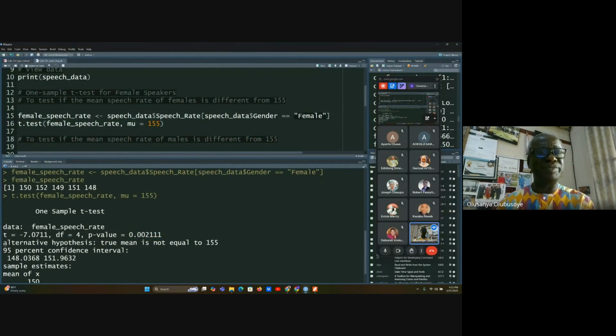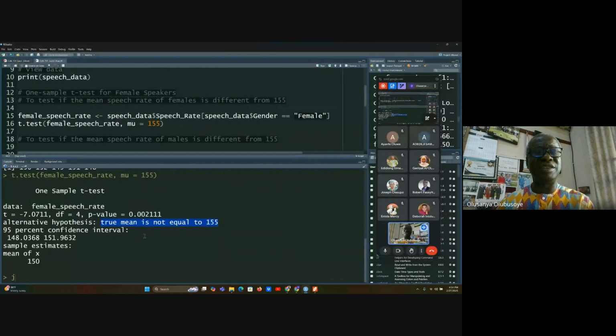And good enough, R gives you the alternative hypothesis, which is the true mean is not equal to 155. If you are to take a decision based on this p-value, which is less than 0.05, you have strong evidence to reject the null hypothesis.